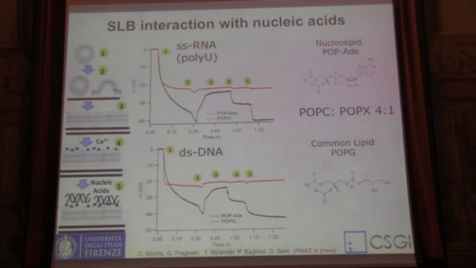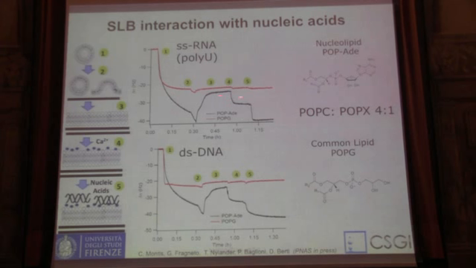So we can monitor basically the interaction of DNA with the nucleolipid, and what we see is that if you have in the bilayer a complementary lipid like the nucleolipid POP adenosine, complementary to some base, in this case polyuridine, you see that you have absorption.